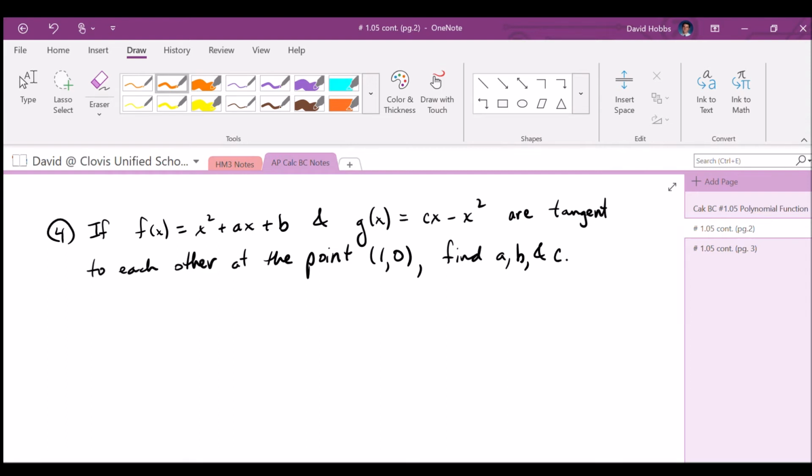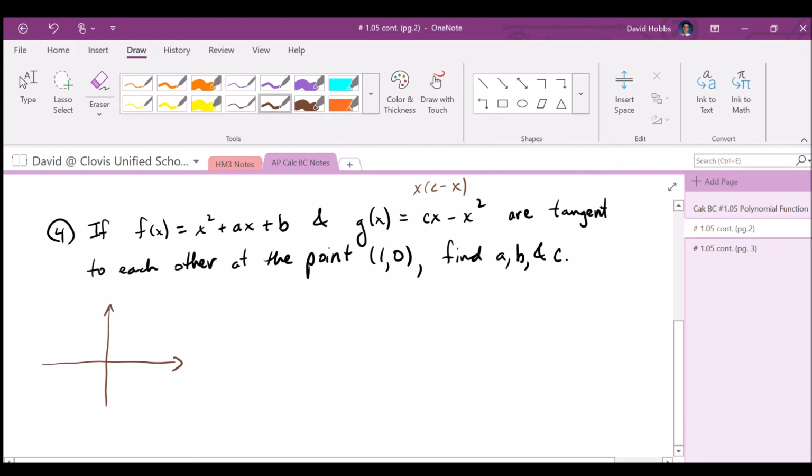One thing I'm noticing, and a sketch could be a little bit helpful: because the function g has a GCF of x, so x times c minus x, it's going through the origin.